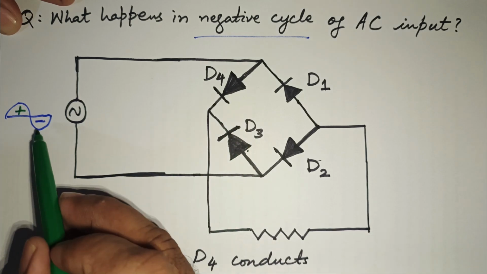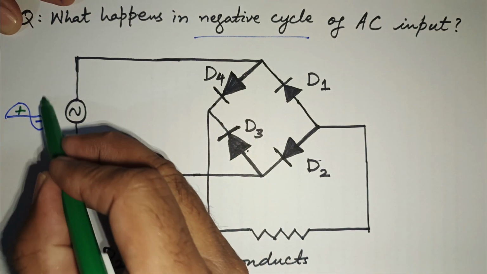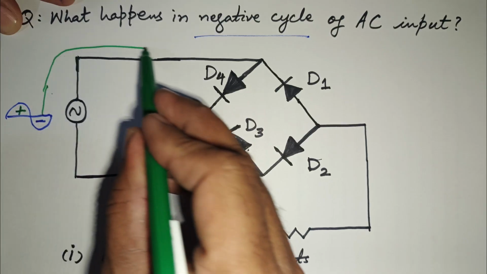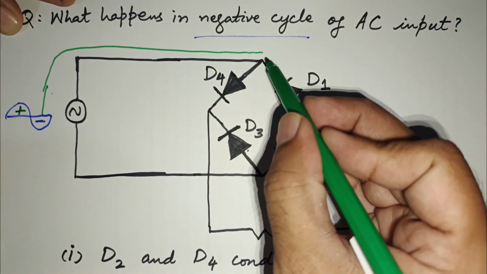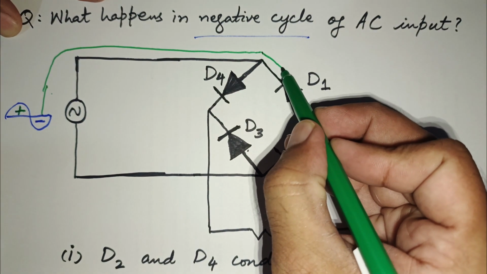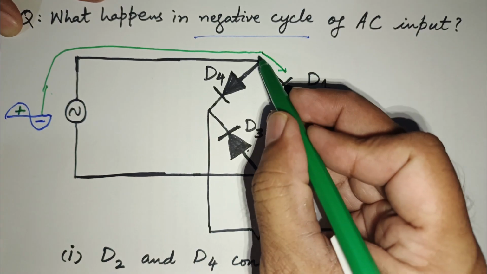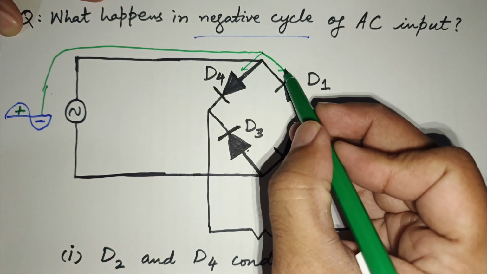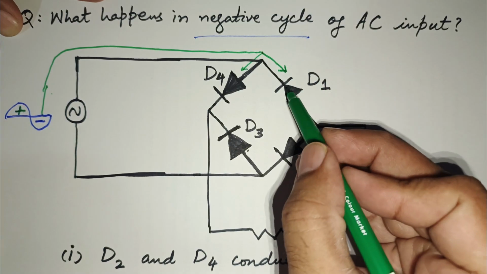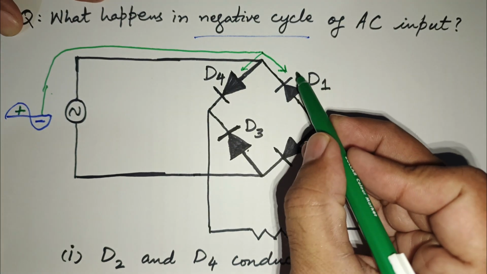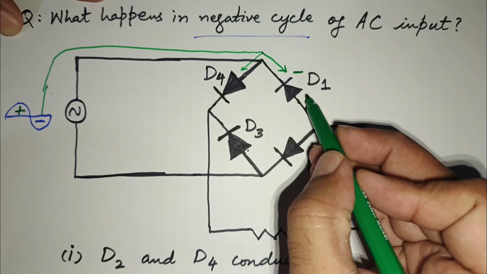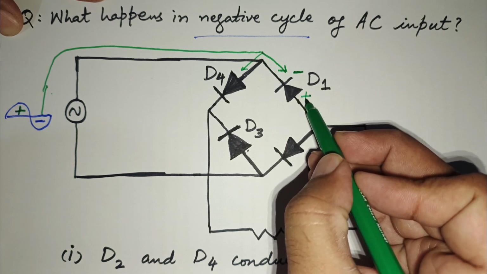So when this negative signal will move, this moves over here. Now here it has two options. It will go in this direction as well as towards this direction. When it reaches over here, this is negative side of D1, this is positive side of D1.